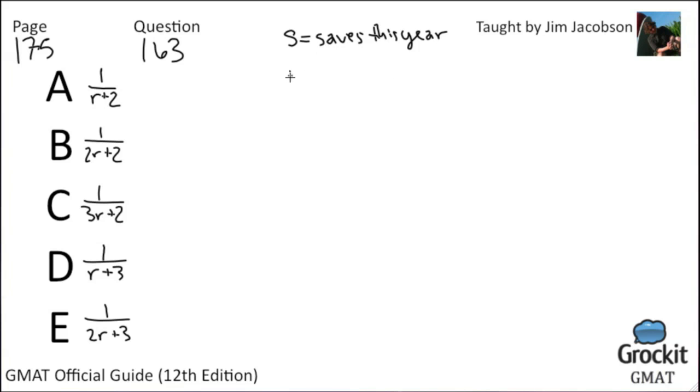And let's use a capital I, just because the lowercase i could end up looking like a 1. His I will be his income this year. And the amount he's going to spend this year will be I, his total income, minus the amount he saves.